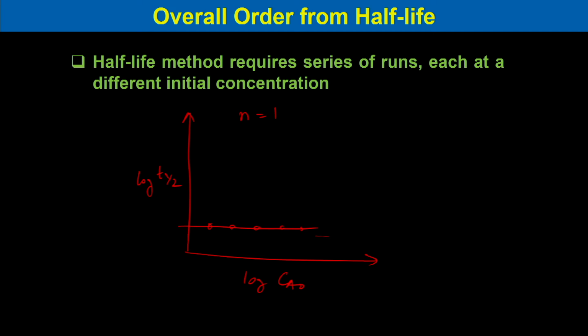So, this is for order n is equal to 1. Now, for order greater than 1, we would obtain a curve like this. That means, this is for order n greater than 1.